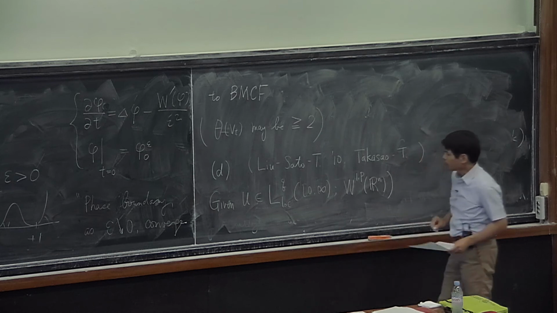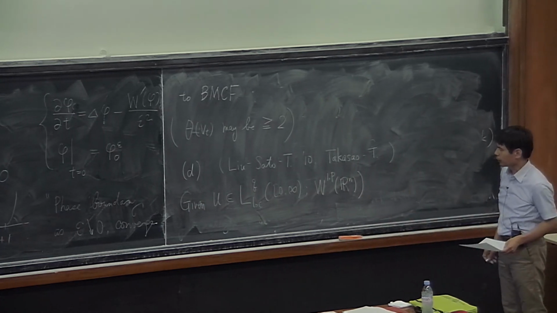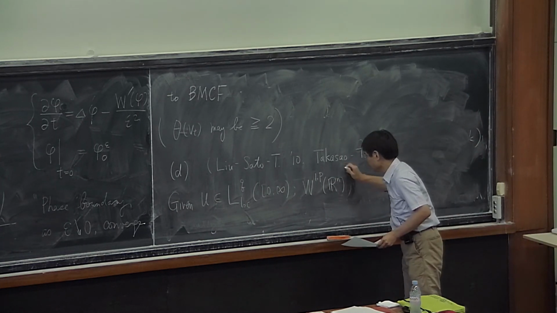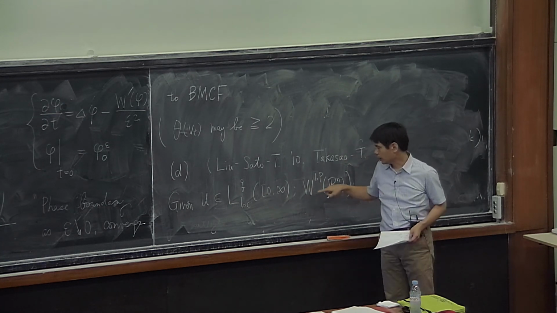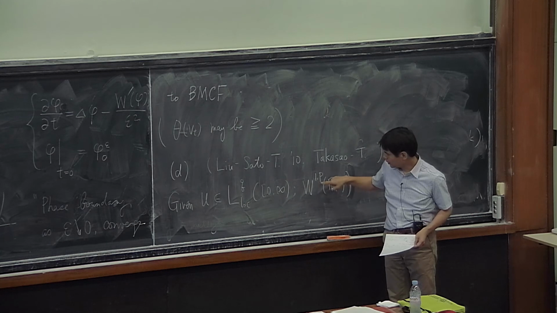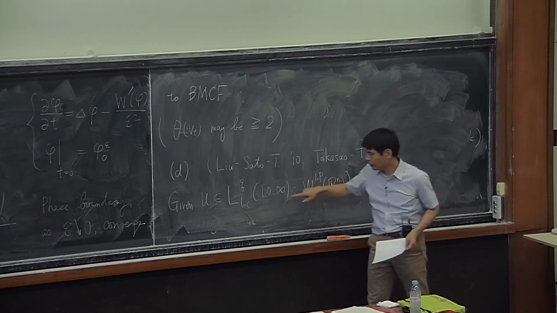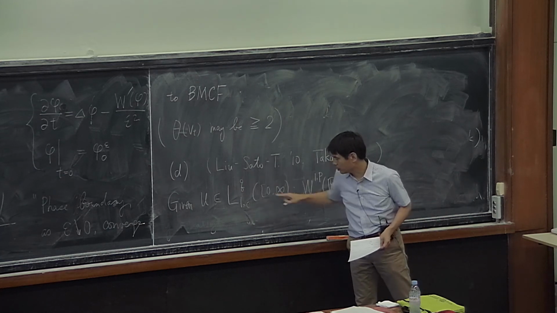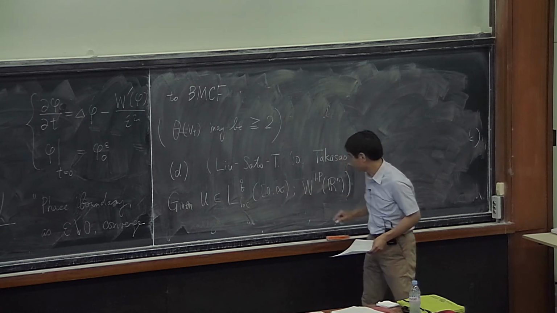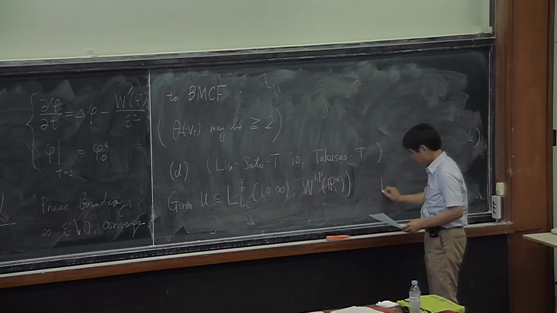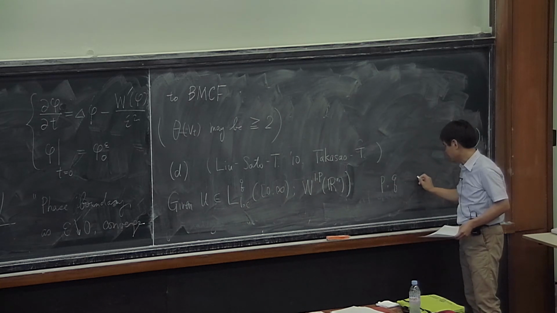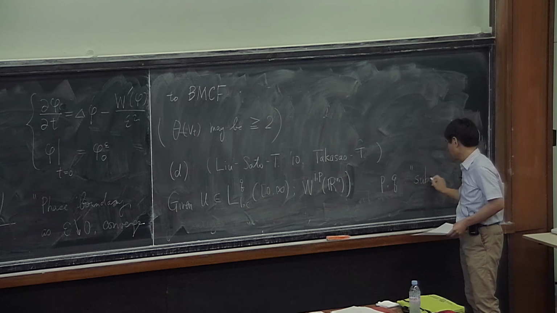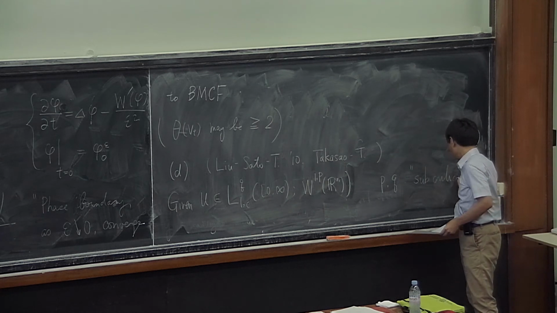So if you are given a vector field u, with space regularity in W^{1,p} and time in L^q, L^q W^{1,p}, where p and q I don't specify, but it's sort of subcritical, critical.